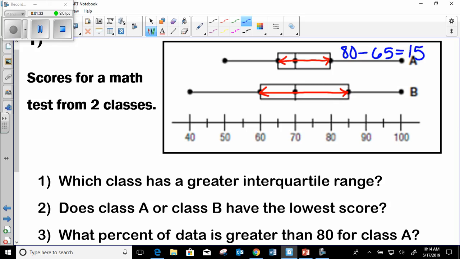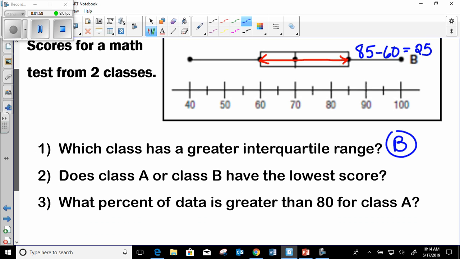Okay, now look at class B. You have 85 minus 60, which gives you what? 25. So which class has the greater range? Class B, because this one has the highest range.